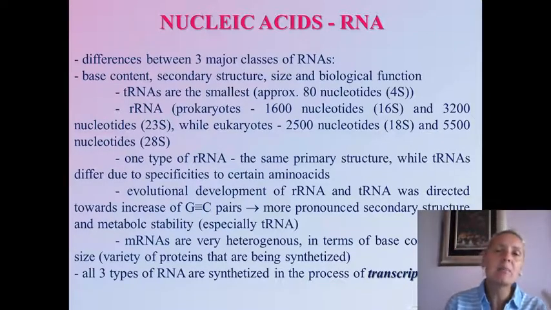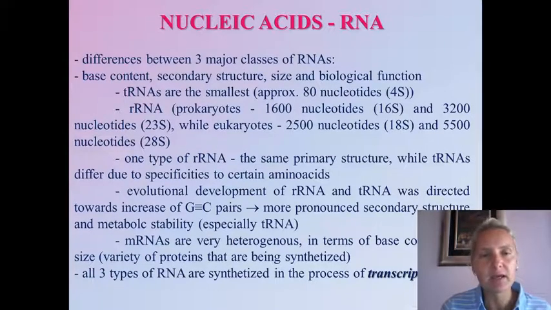So it depends on what they are coding for. But all of those three types of RNAs are synthesized in the process of transcription, and you're going to go into details about this process later on in some of the upcoming biochem chapters.